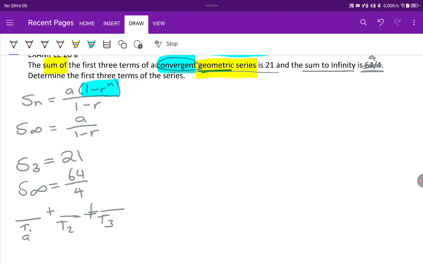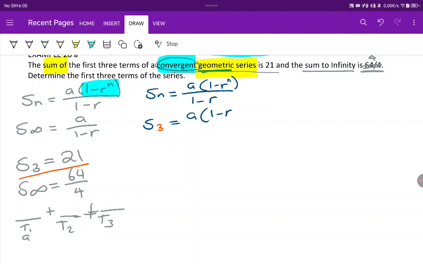So let's go ahead and deal with our two equations. Let's first deal with the first one. So we're going to say this S of n is equal to a(1 minus r^n) over 1 minus r. The S of three terms, we know n is 3 based on this, is equal to a(1 minus r to the power of 3) divided by 1 minus r.